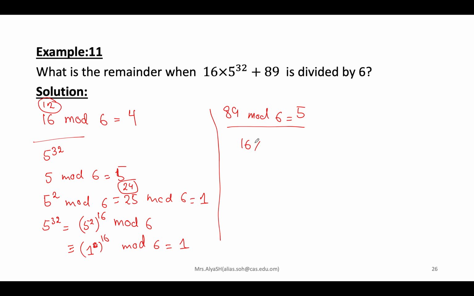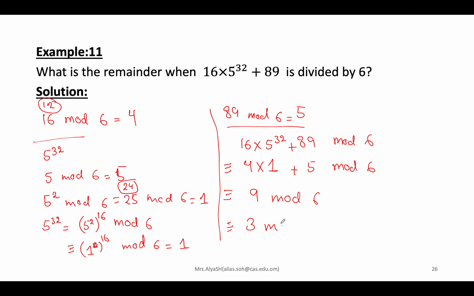So we got that 16 multiplied by 5 to the power 32 plus 89 mod 6 is congruent to 4, since 16 divided by 6 gives remainder 4, multiplied by 1, since 5 to the power 32 divided by 6 is 1, plus here we have 89 mod 6, which is congruent to 5. So 4 times 1 is 4 plus 5 is 9 mod 6, and we got the remainder as 3. So the remainder is 3.